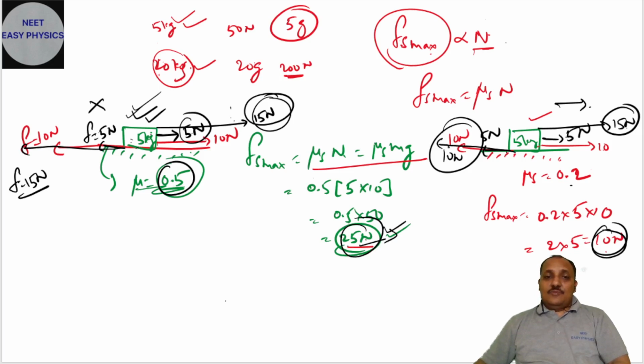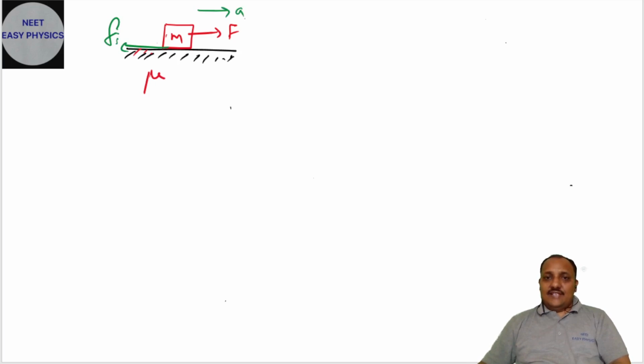So I hope you people understood what is frictional force and why it acts. Let us assume it is moving right side whenever we are applying force F, and the coefficient of friction is mu. So this frictional force is acting, and still it is moving right side with acceleration. Then what is the net force?